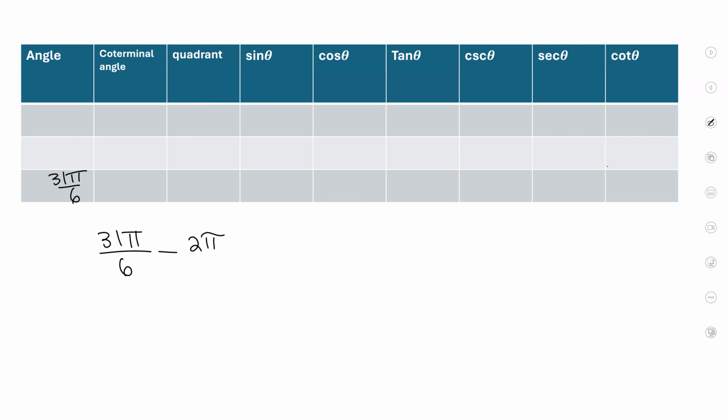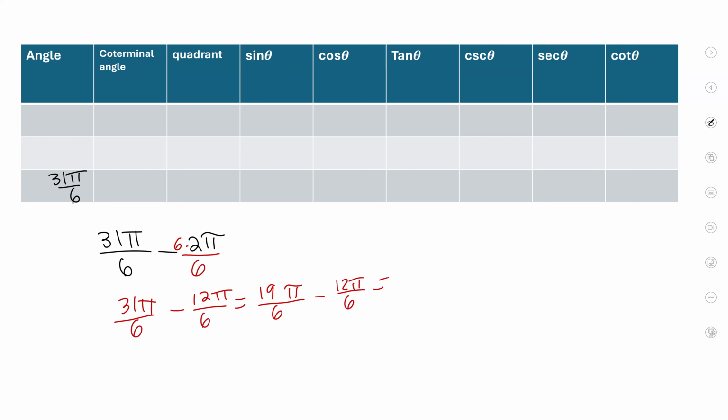Whenever you're subtracting fractions, make sure your denominators are the same. So this is actually 31 pi over 6 minus 12 pi over 6. What's 31 minus 12? Okay, I'm going to deduct 2 pi again. I'll do 12 pi over 6 again, because that's the same thing as 2 pi.